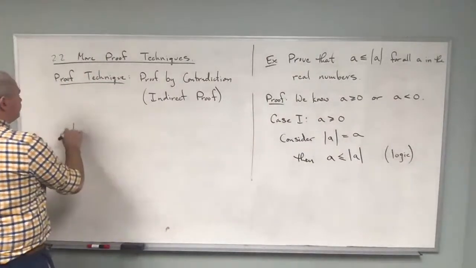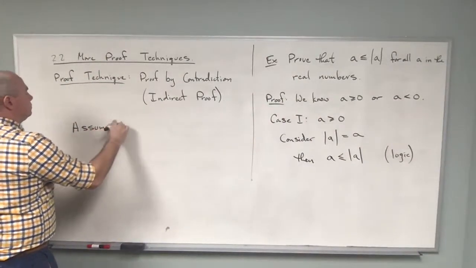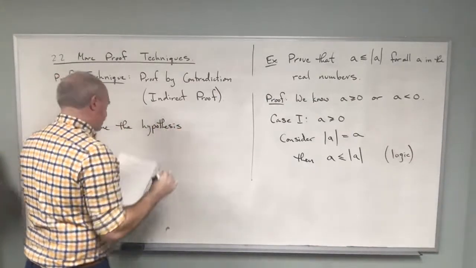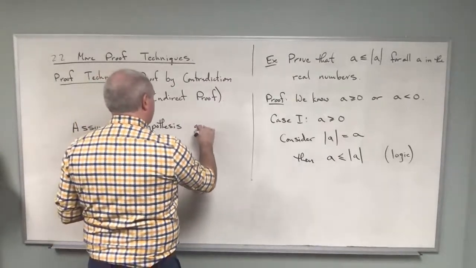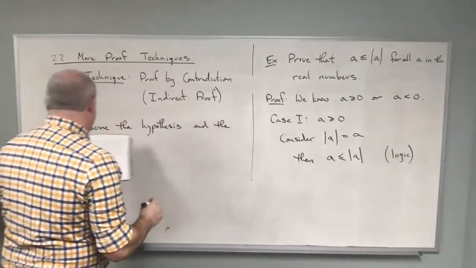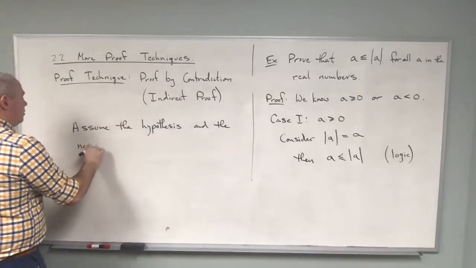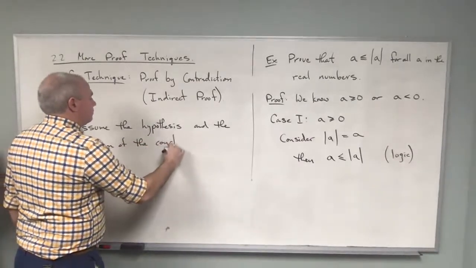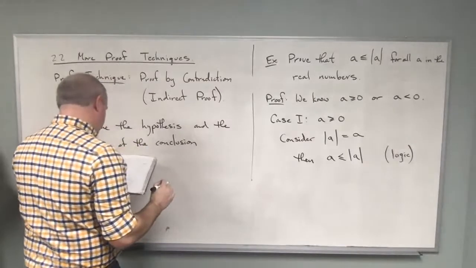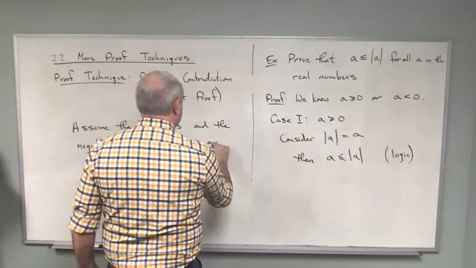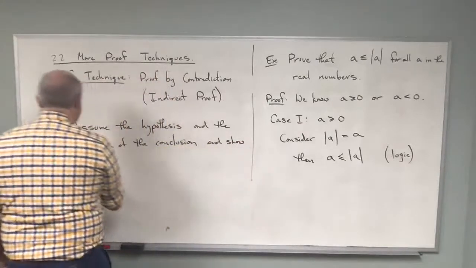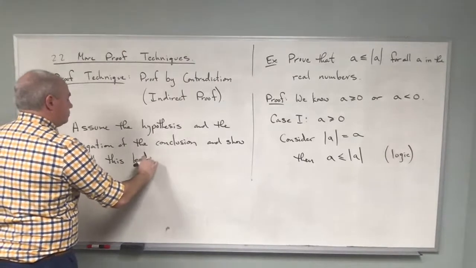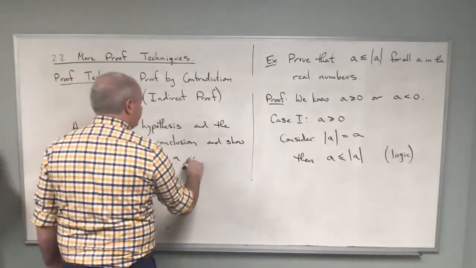So we assume the hypothesis and the negation of the conclusion and show that this leads to a contradiction.